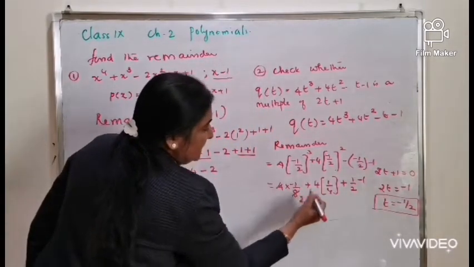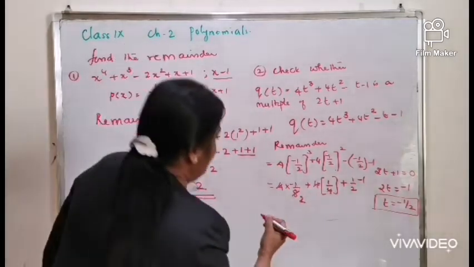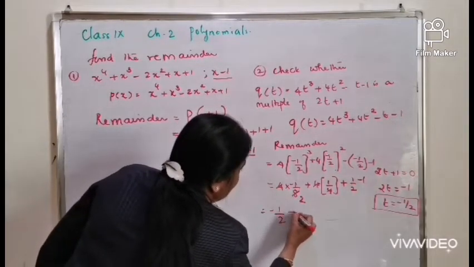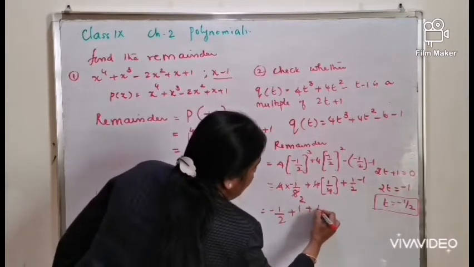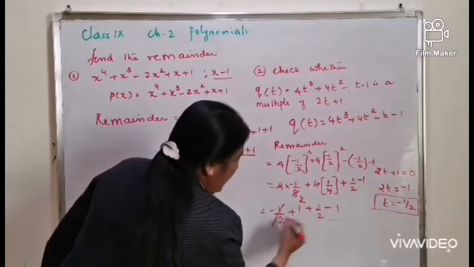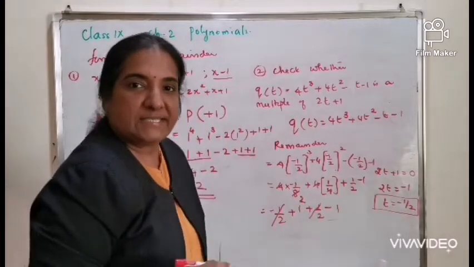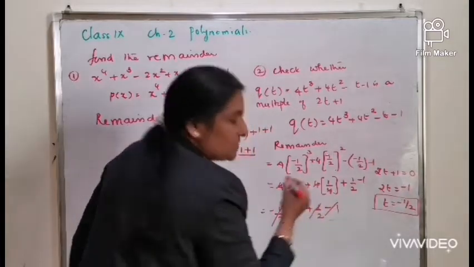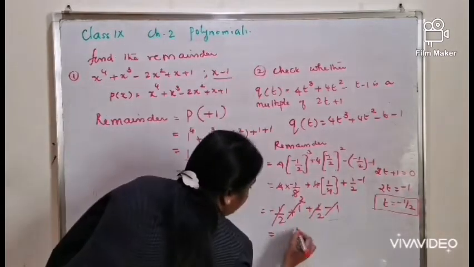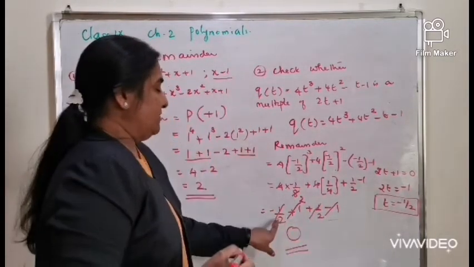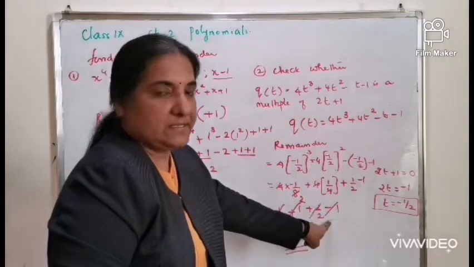So, minus 1 by 2 plus 1 plus 1 by 2 minus 1: minus half and plus half get cancelled, plus 1 and minus 1 get cancelled, and we get 0. Even with LCM you can get the final answer.